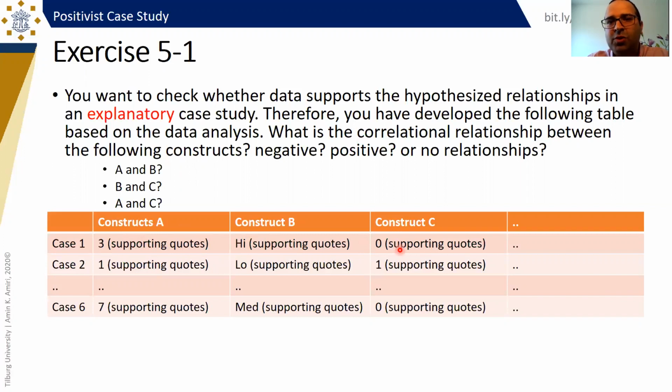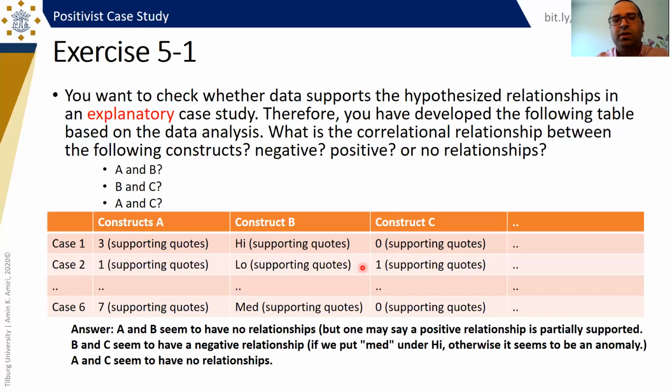What kind of relationship do you see here? This is a kind of negative relationship. You see, when B is high, C is low. When B is low, C is high. So you see a kind of negative relationship between the two.